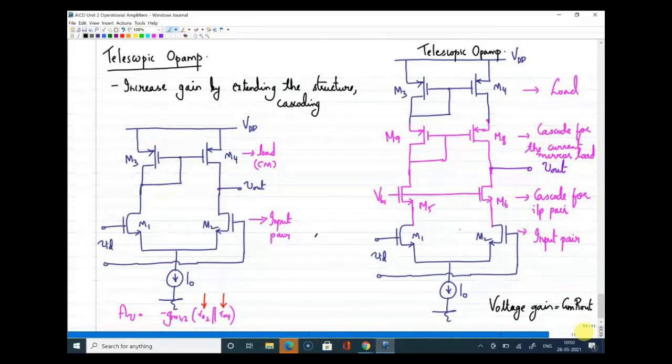Can you tell me how the gain will be improved by extending the architecture?